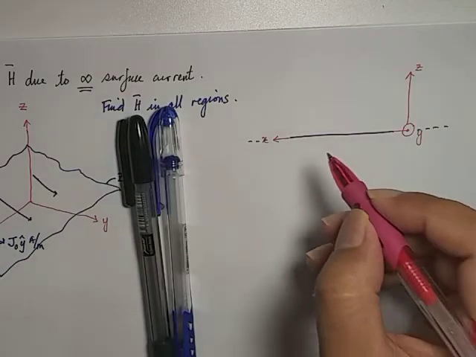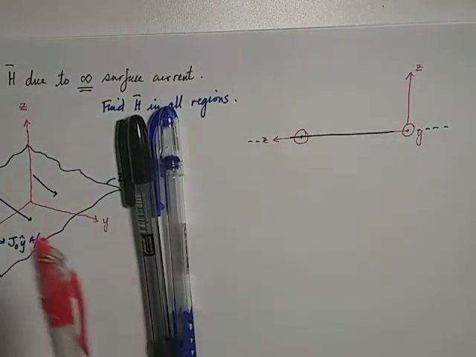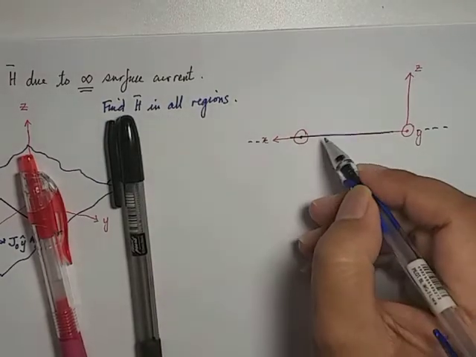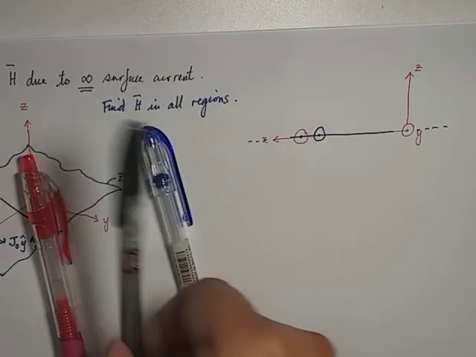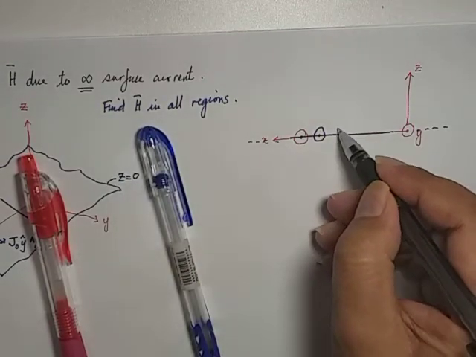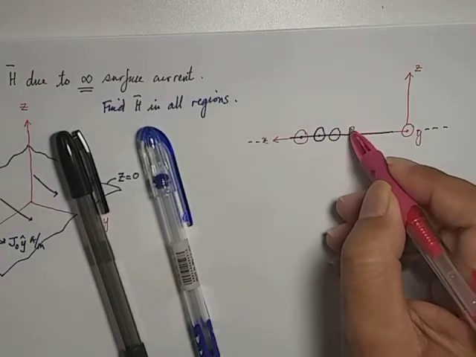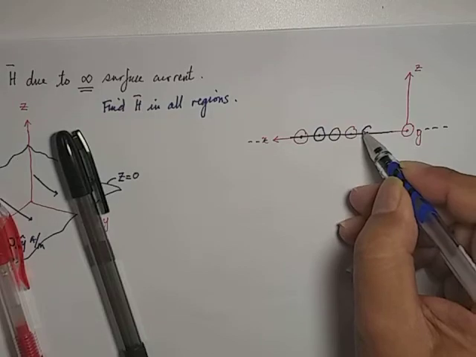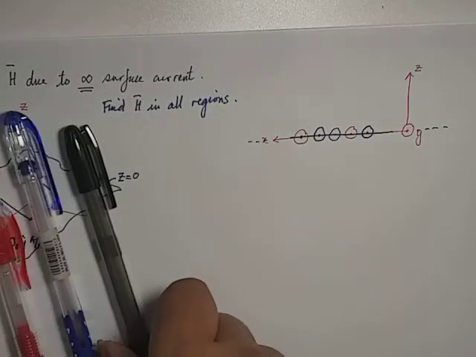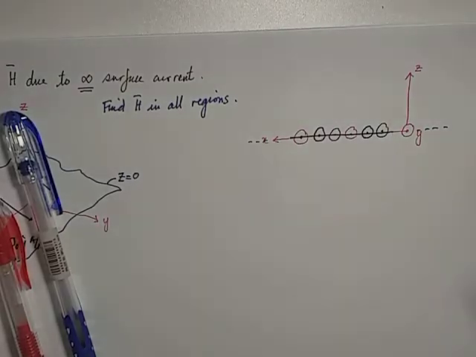Let's draw that. So this is my line current. I put another line current close to it, very close to each other, touching. Then this is a line current, and then a red line current again. So I hope you can get the idea now. Actually, surface current is a combination of line currents placed close to each other. Okay, that's the idea of surface current.